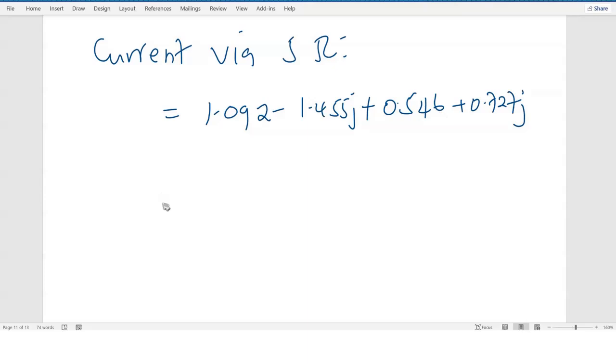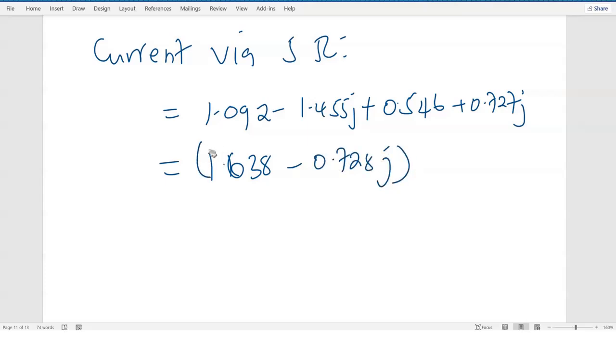So we are getting a total of 1.638 minus 0.728j.